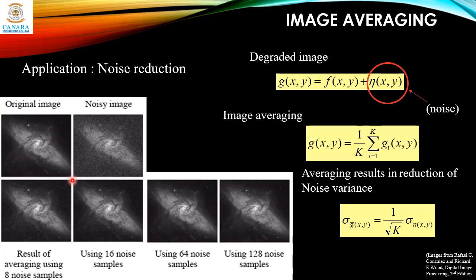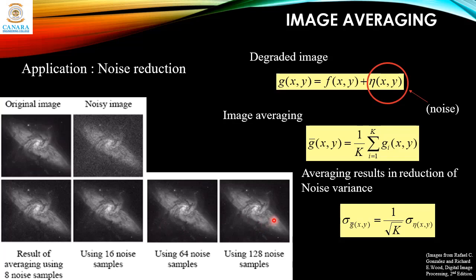So it looks like a simple process when you think of it, but in reality, the space objects are constantly on the move. Their orientation, distance, and angles change. So you need to align them. Okay, so basically registration is very important before you perform the averaging function.